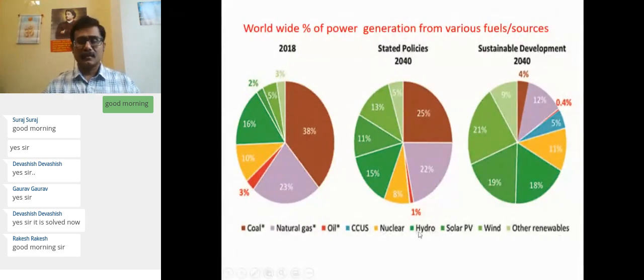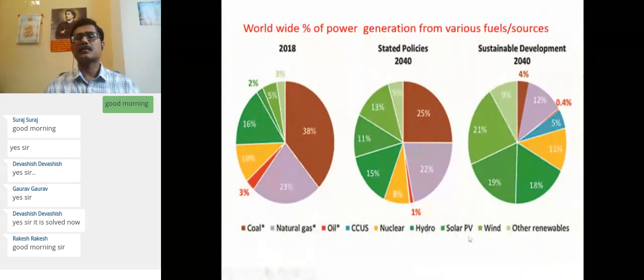So one can see that at the bottom of this chart are hydro, solar, wind, and other renewables. They are represented in the green color, isn't it? The contrast of that green color may be somewhat different to identify which is the hydro, solar, wind, and other renewables. So that tells us that these are nothing but the renewable forms of energy.